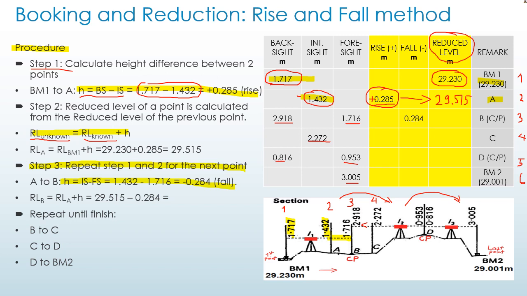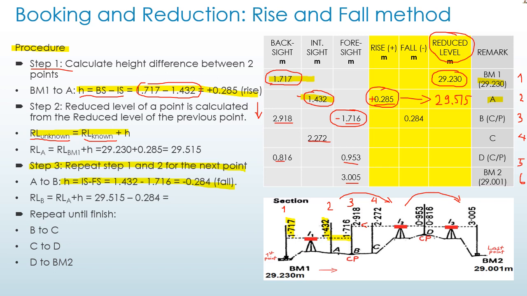Now we move from point 2 to point 3. So the reading from point 2 is this much, 1.432, then minus the reading at point 3. So remember to follow the process over here. The foresight here is the reading you take at point 3 before the other reading over there.